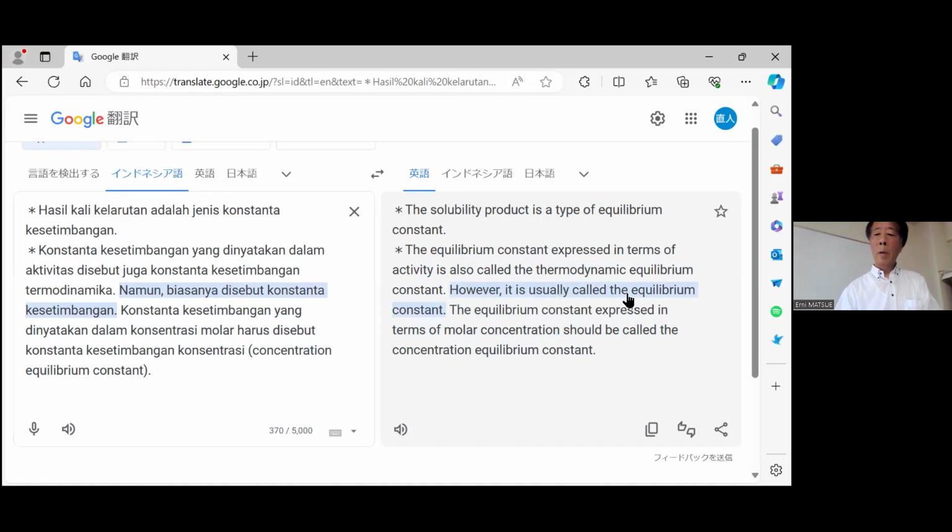The equilibrium constant using activity is simply called the equilibrium constant, but the equilibrium constant expressed in terms of molar concentration should be called the concentration equilibrium constant, for high school students.